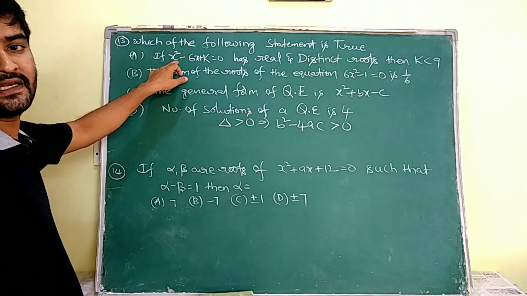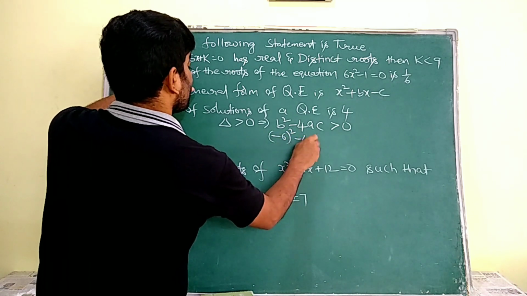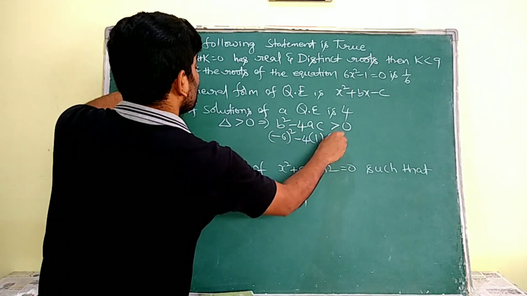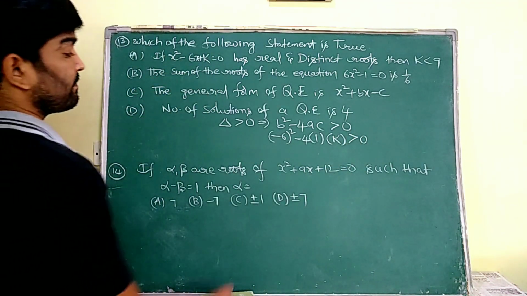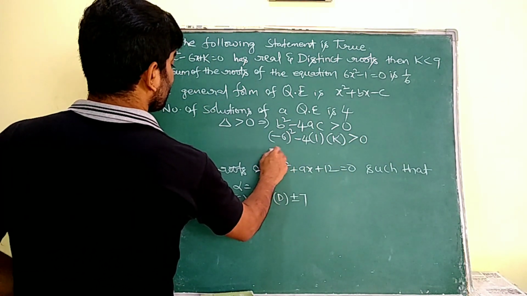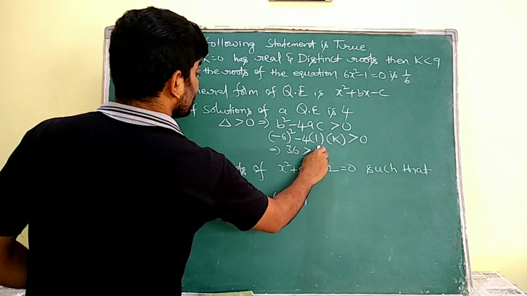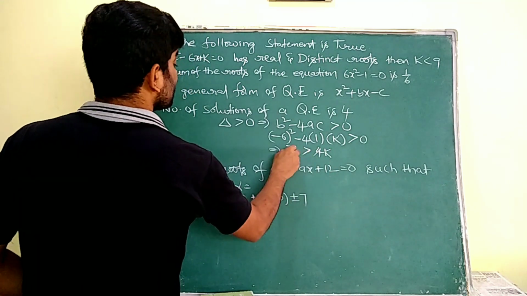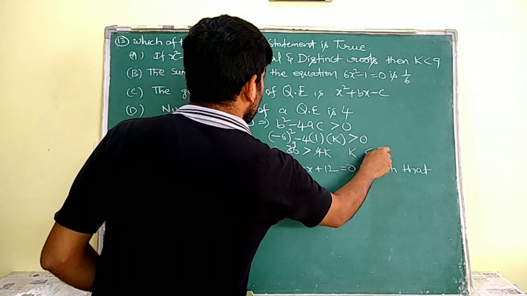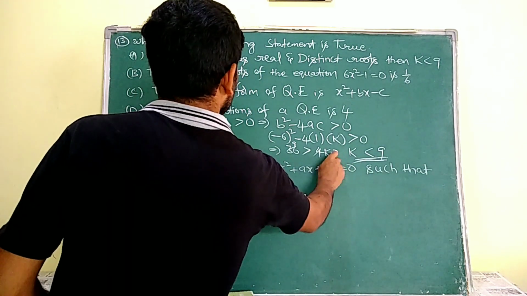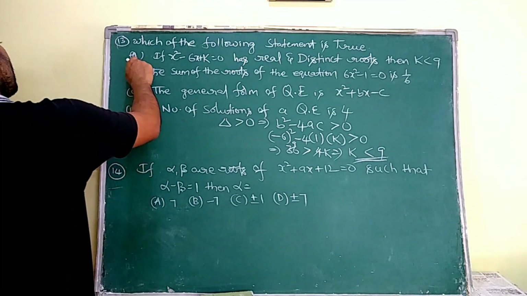Here in this equation b is equal to minus 6. So minus 6 whole square minus 4 into a, which is 1, c which is k, must be greater than 0. Then take all those negative values to the other side of the inequality, that is 4k; 4 ones are 4, 9 is 36 over 4. That means k is less than 9. Yes, the statement he gave is right. So statement 1 is correct.